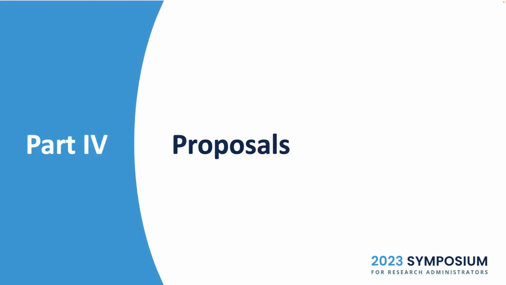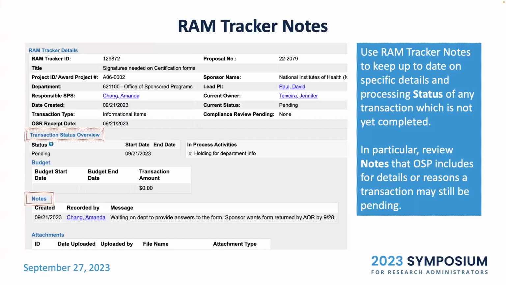Oh, sorry. One more thing: the RAMTracker notes. Once you click into it, it has a lot of really useful information that I wanted to point out. RAMTracker notes have not only the last note that was created, which will be in that note section, but also some basic information about the status, when that status started, and what the in-process activity is.